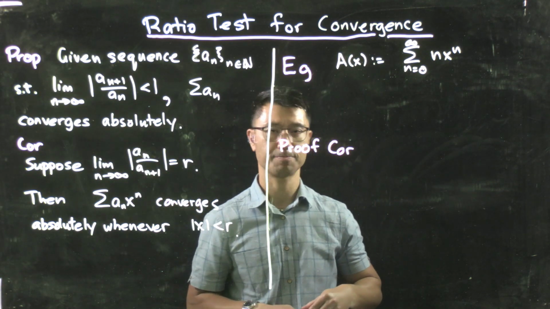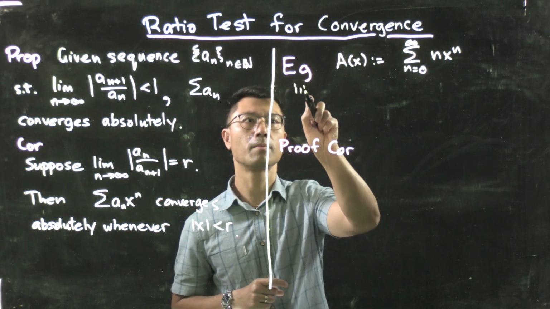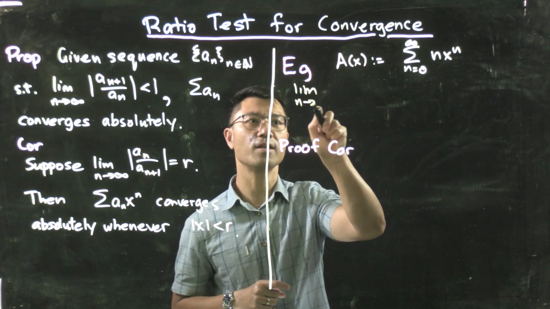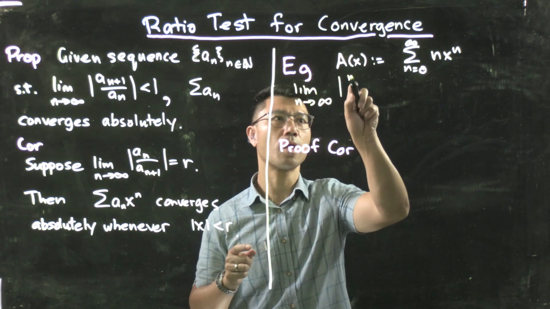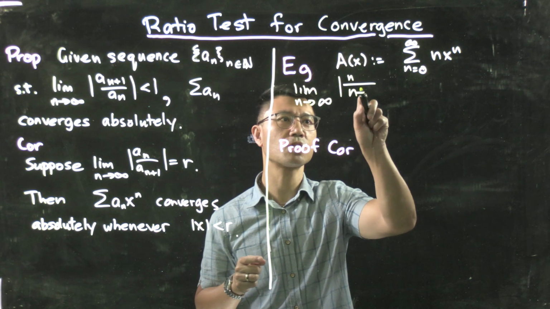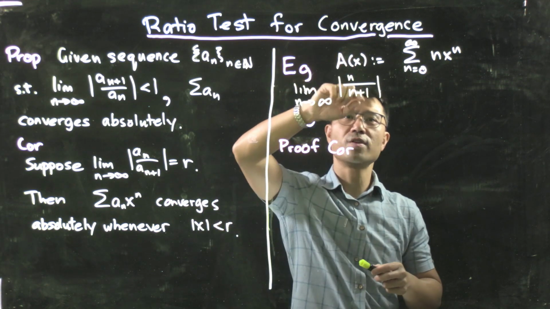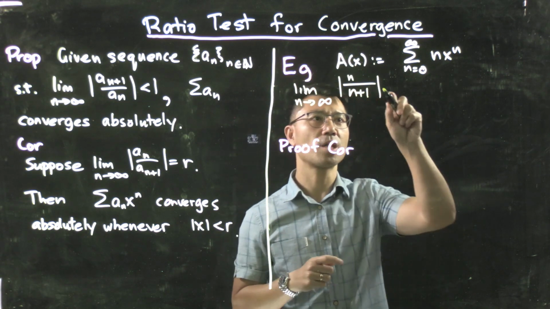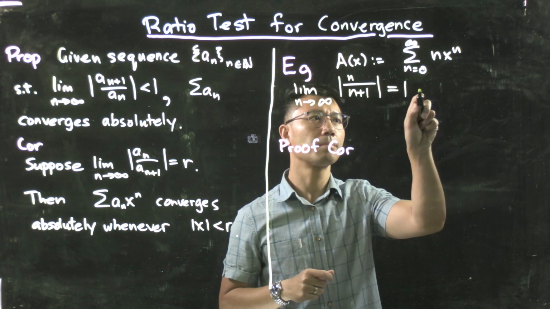Let's look at the limit as n goes to infinity of the ratio of the absolute value of the nth term to the (n+1)th term. As n goes to infinity, these approach each other, so the limit of this ratio is equal to 1.